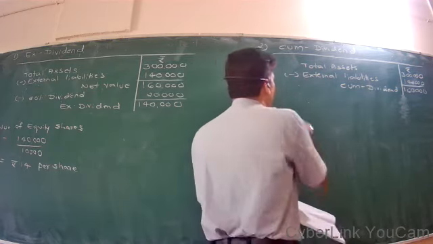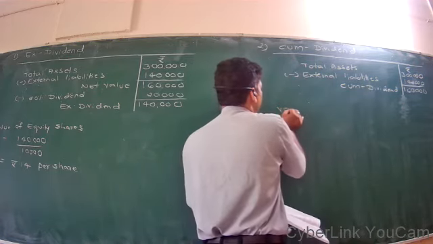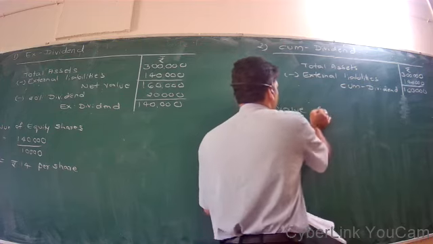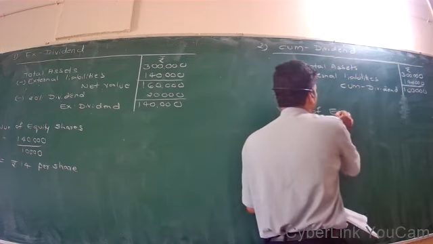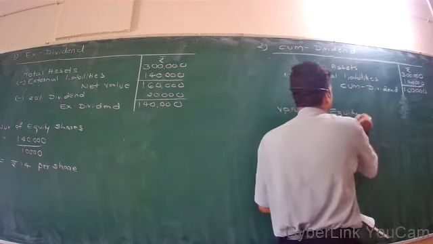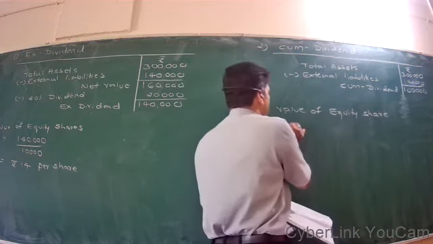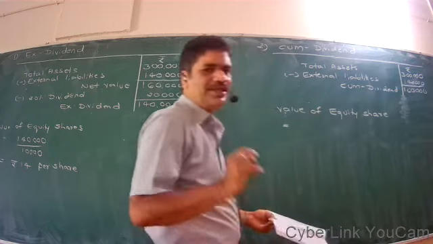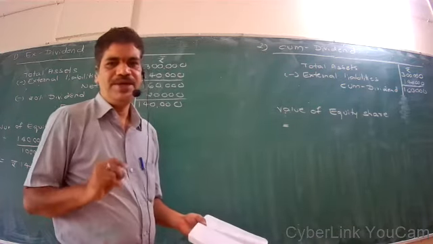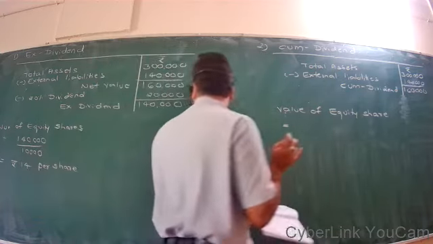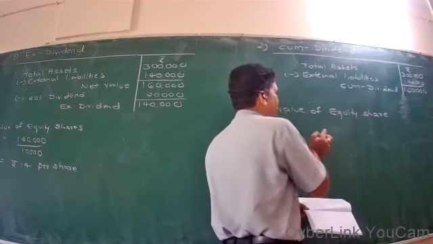Now the value of an equity share is equal to, with the same formula, net assets available to equity shareholders divided by the number of equity shares.